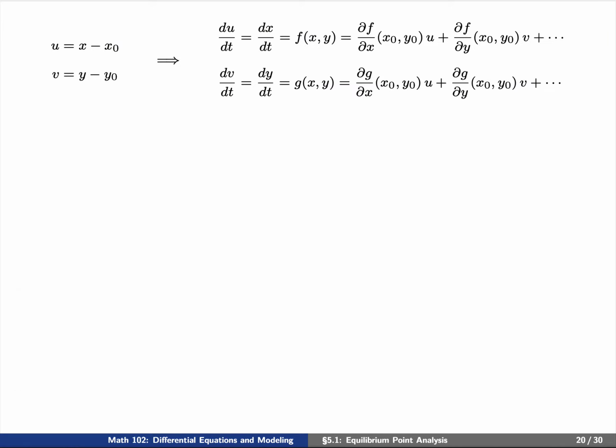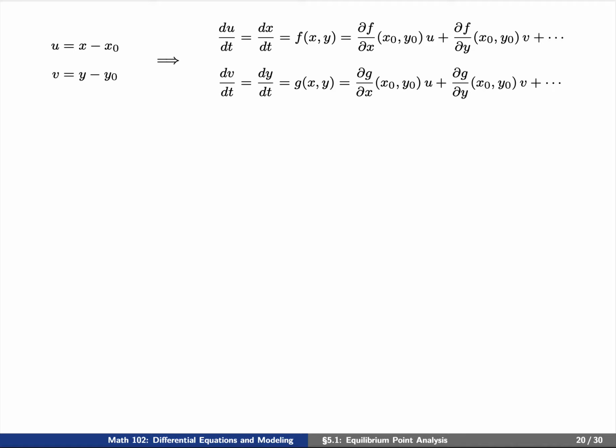Now let's make a change of variables. Let's denote u as x minus x naught and v as y minus y naught. Recall that f evaluated at capital Y sub 0 is 0, so we see that du/dt equals partial of f with respect to x times u plus partial of f with respect to y times v plus higher order terms.